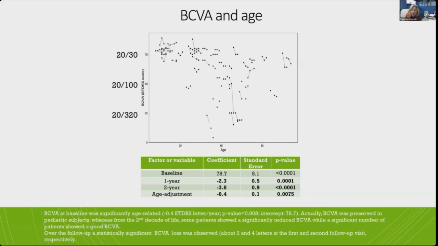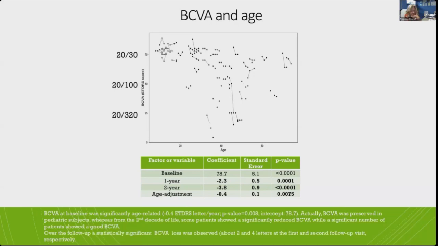Best corrected visual acuity was preserved in pediatric subjects, whereas from the second decade of life, some patients showed a significant reduced best corrected visual acuity, while a significant number of patients showed a good best corrected visual acuity.